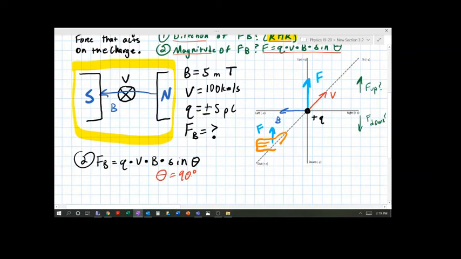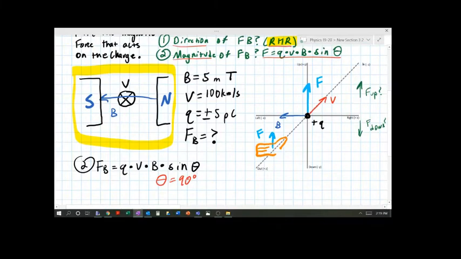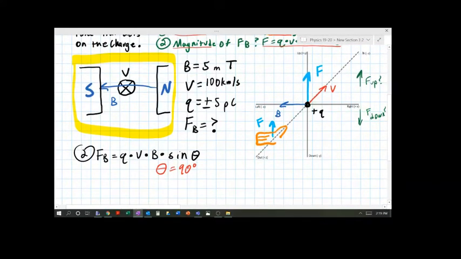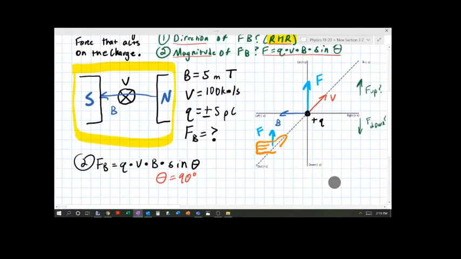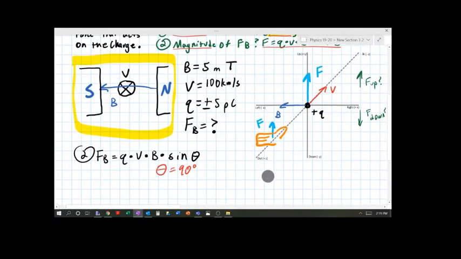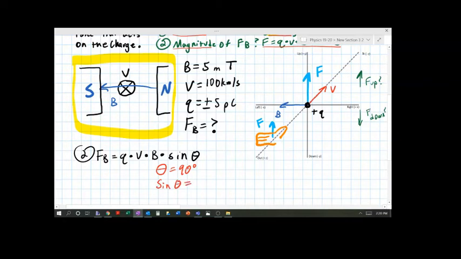If they were on the same axis, like if both on the x or both on the y, then the angle between them would be 0, and there wouldn't be a force. So we know they're 90 degrees because they're on two different axes, and that would be true if they were on any two different axes, because these three axes are defined to be perpendicular to each other. This will mean that the sine of theta will be 1.